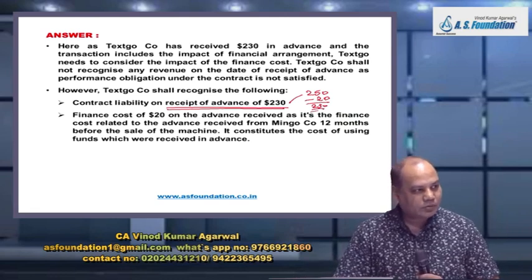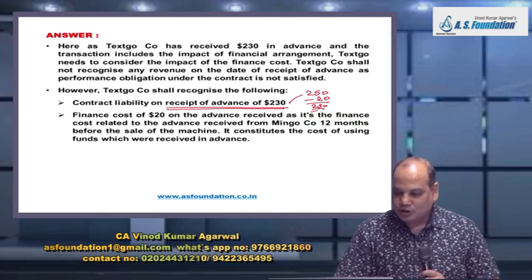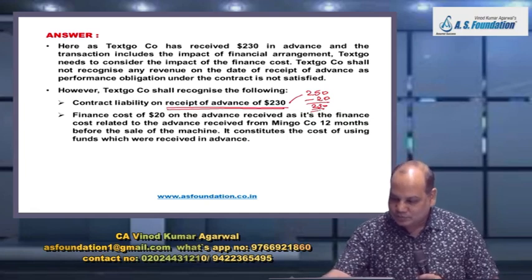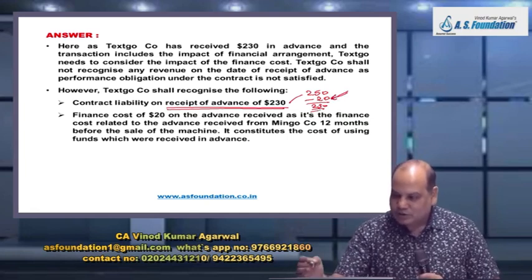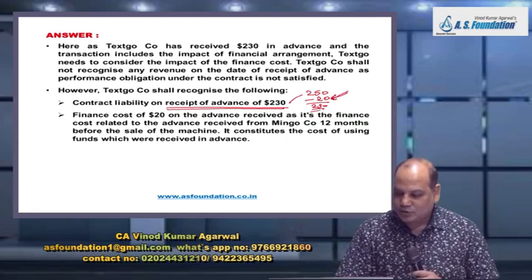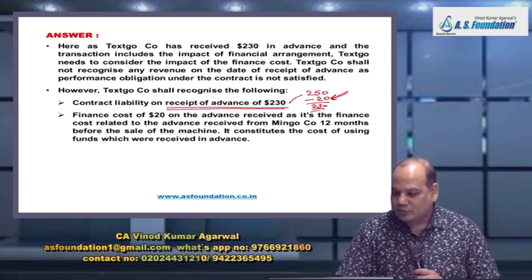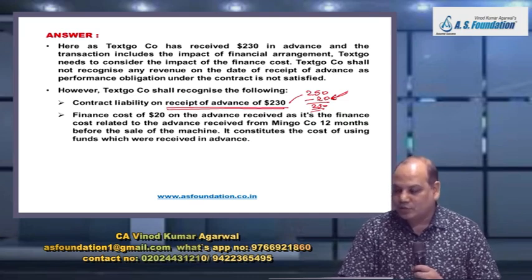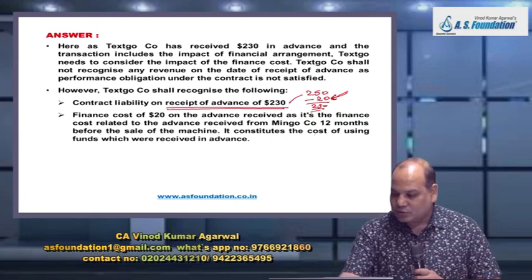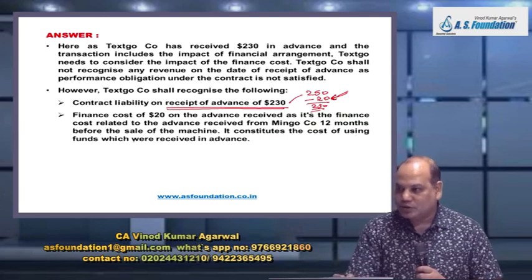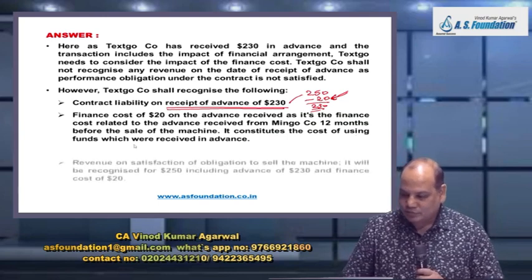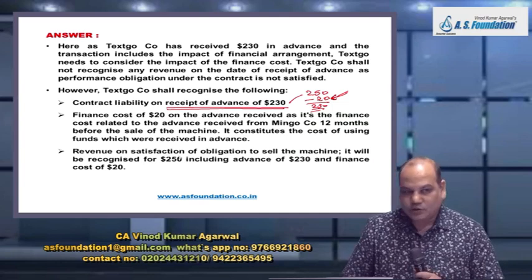Is it right? 250 is the value of that machine, but to the customer they are charging 230. The 20 is the interest on advance, adjusted. Finance cost of 20 on advance received, as it is the finance cost related to advance received from Mingo company 12 months before the sale of the machine. It constitutes the cost of using funds which were received in advance. So revenue recognized will be 250.